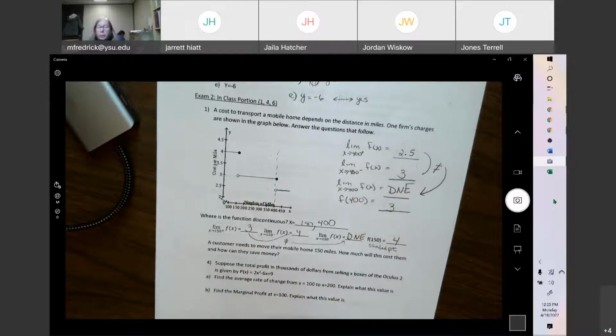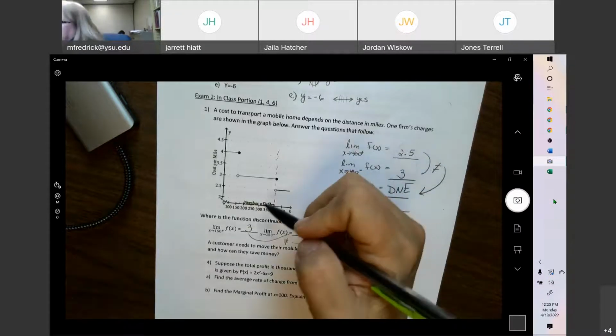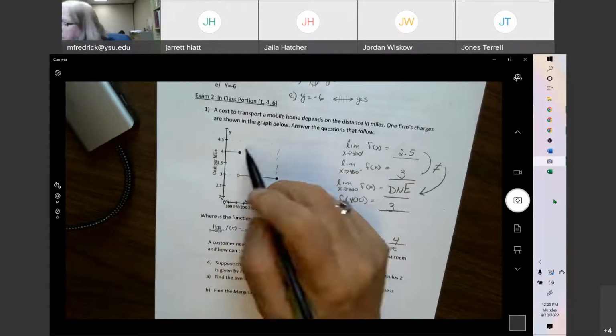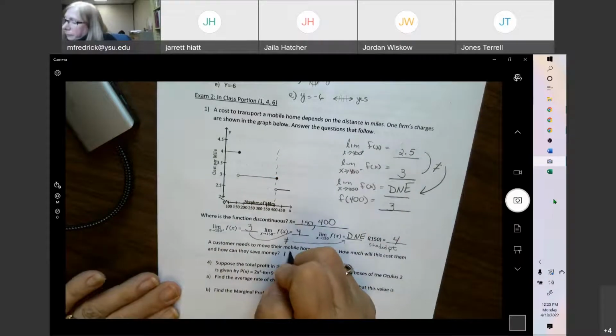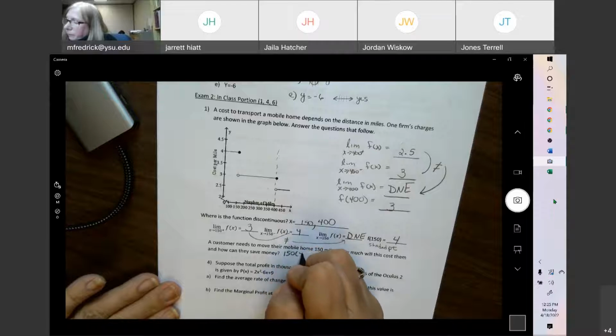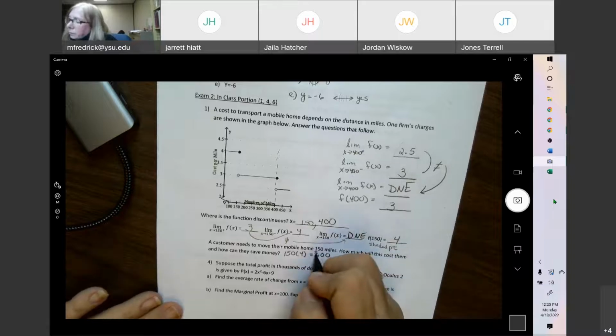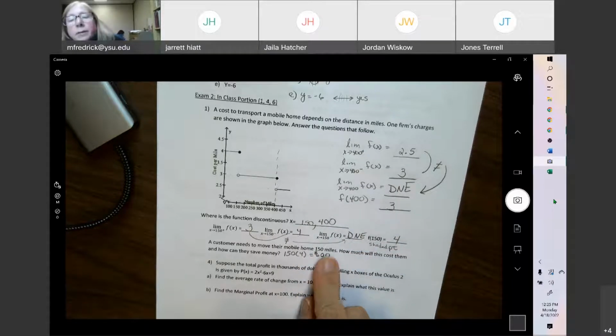Well, that's your shaded in point. So if it's 150, it costs $4 a mile. So to go 150 miles, it would cost $600.